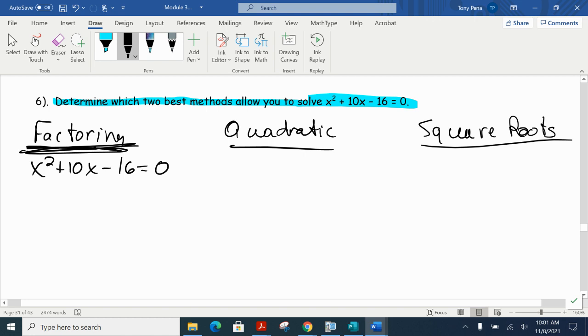So find two numbers that multiply to be a negative 16 and then add up to be a 10. Anybody got those?